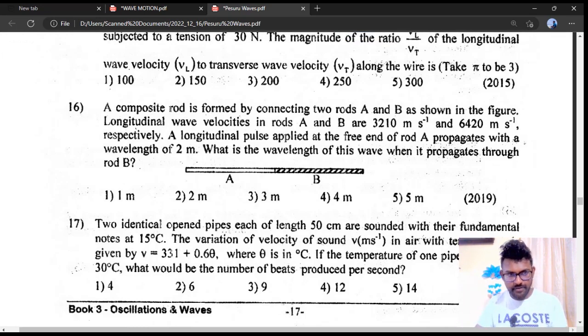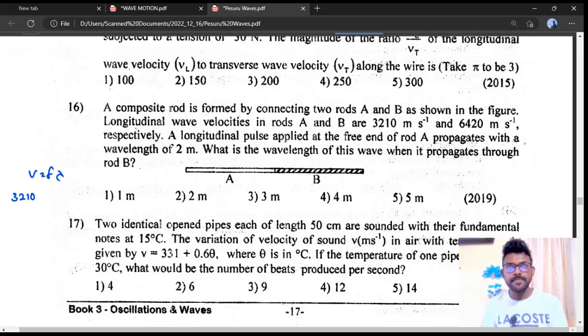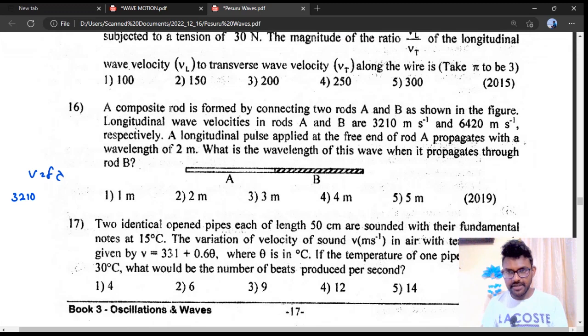Yes, we can. What's the equation we can apply? V equals f lambda, right? So it's 3,210. You can see they have very large velocities, but not compared with electromagnetic waves, which have 3 times 10 to the power 8 meters per second in a vacuum.